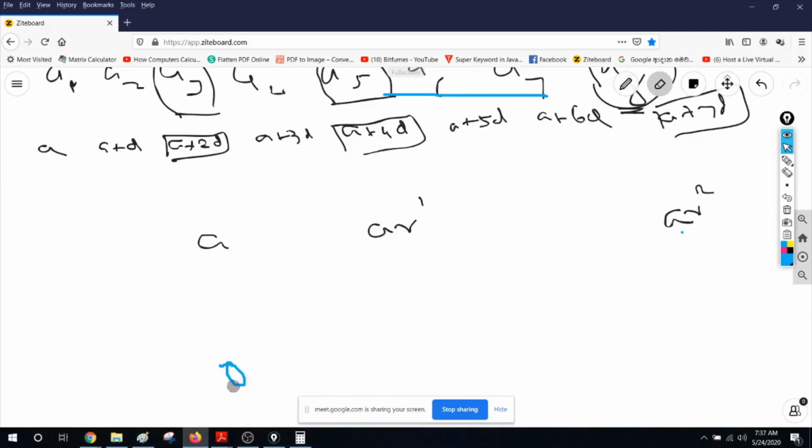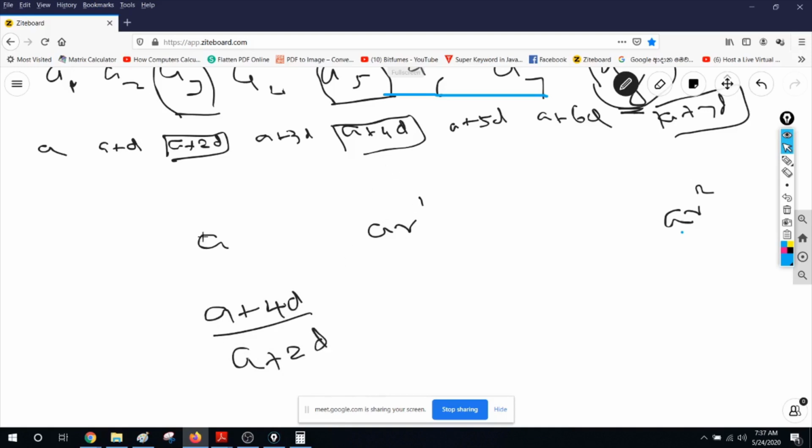So what can we do? Okay, let's write something like this. This divided by this must be same as this divided by this, right? So let's write like that. A plus 4D divided by A plus 2D, right?